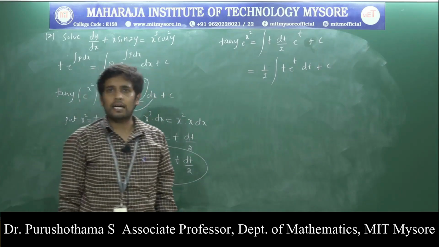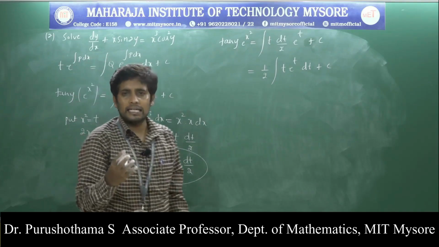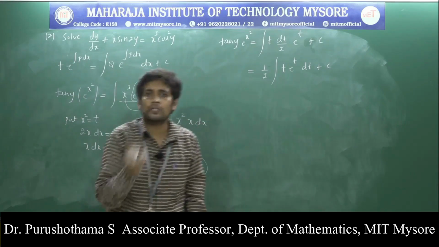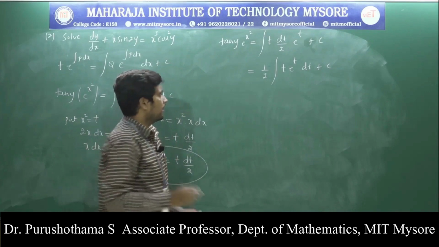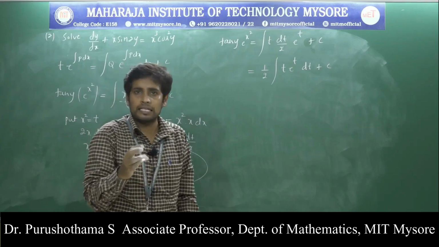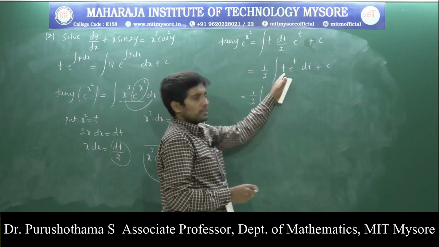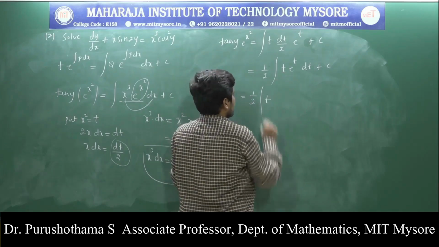Now integrate the term t into e power t with respect to t by using integration by parts, or Bernoulli's rule of integration by parts. Here I am going to integrate this function by applying Bernoulli's rule. Therefore 1 by 2 times, write down the first term as it is, t.